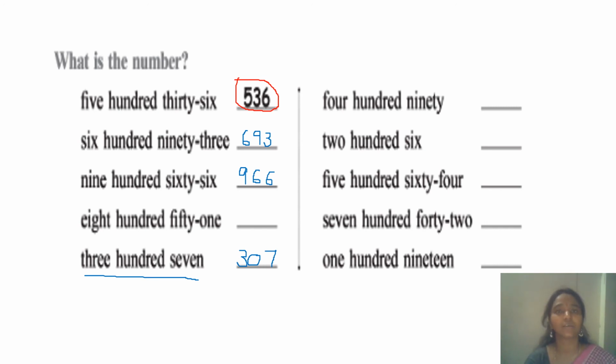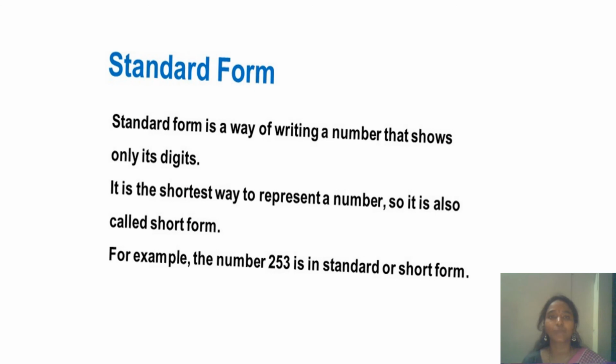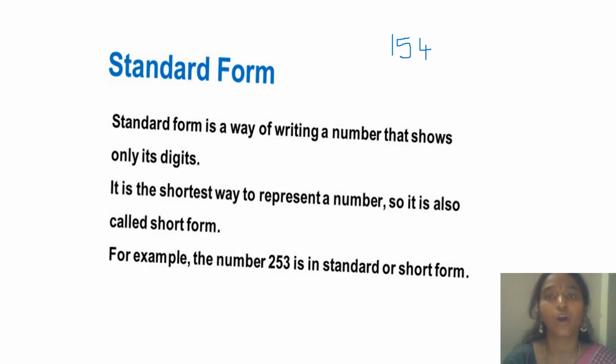Okay. Yes, I told you about the standard form, right? What is the standard form of writing a number? Suppose I want to write 154, how will I represent that? You can write a number like this, or you can write 154 as a number name, but this is called the standard form.